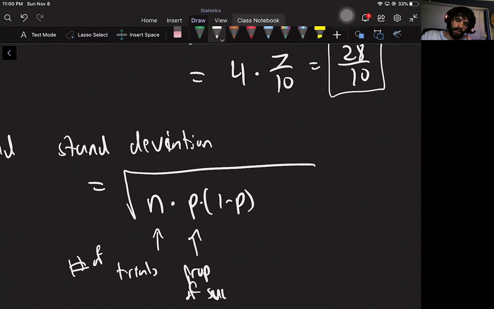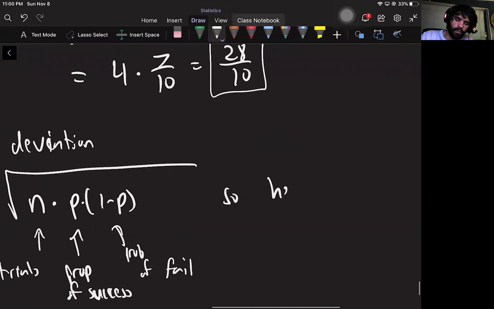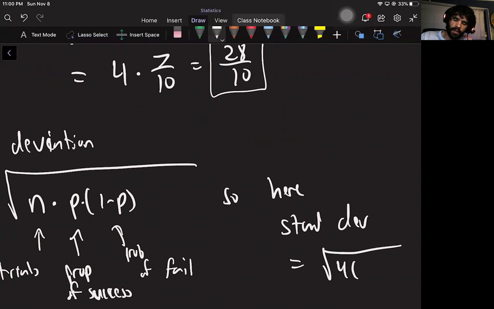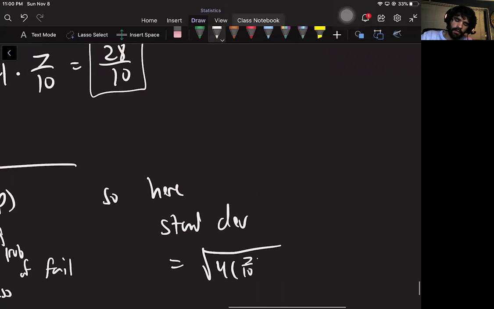What's 1 minus p then? That would be the probability of failure. So in this situation, the standard deviation is just going to be square root of 4 times 7 out of 10 times 3 out of 10. So whatever that is in your calculator, that's the standard deviation.